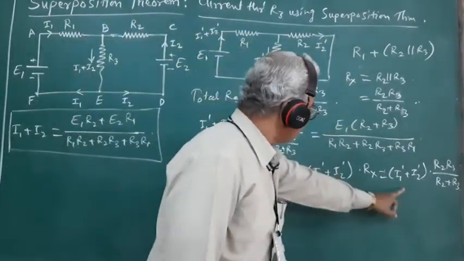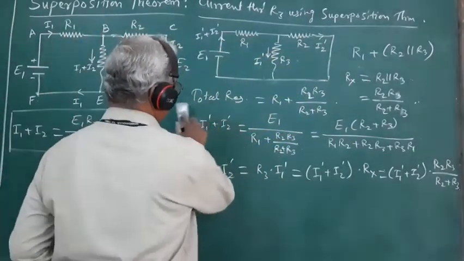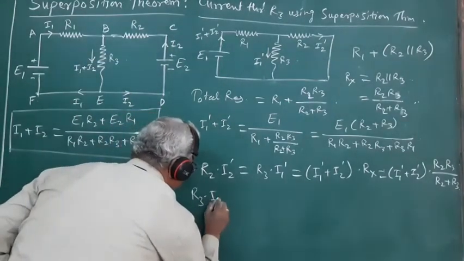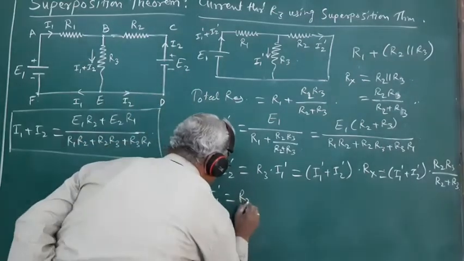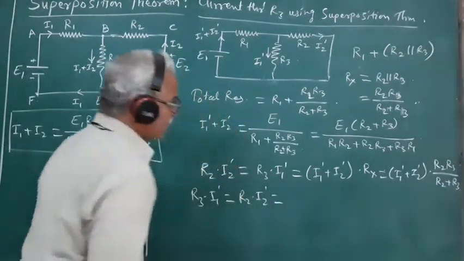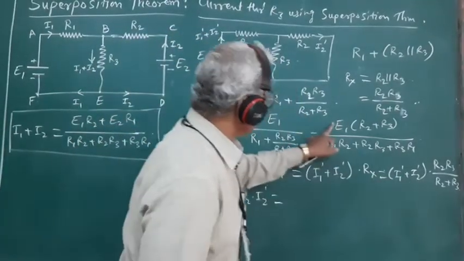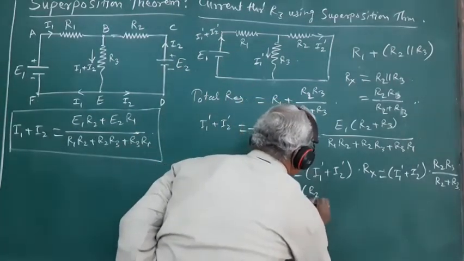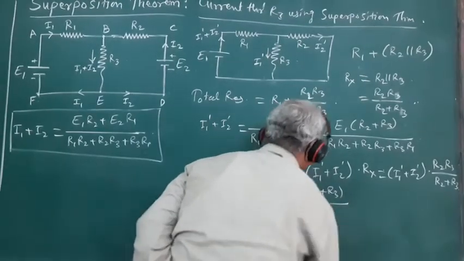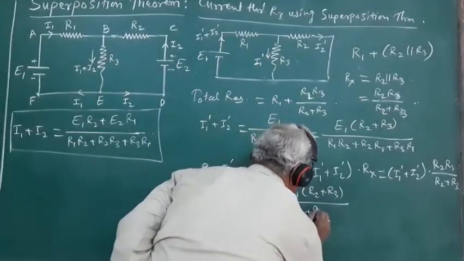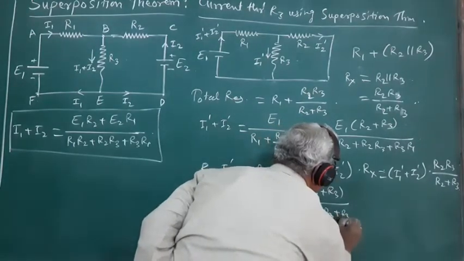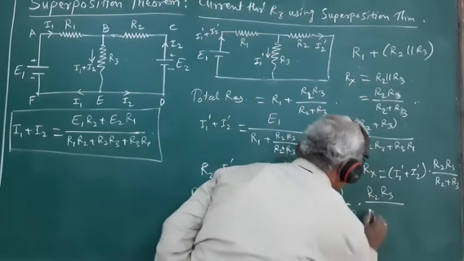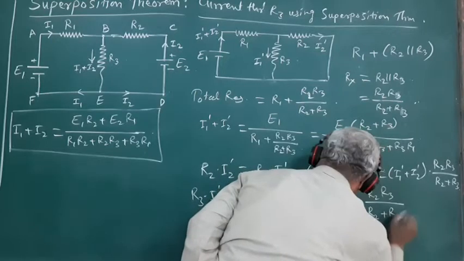So using this expression here, we can write R3 into I1 prime is equal to R2 into I2 prime is equal to, with I1 prime plus I2 prime replaced by this expression, E1 into bracket R2 plus R3 divided by R1 R2 plus R2 R3 plus R3 R1, into R2 R3 divided by R2 plus R3.